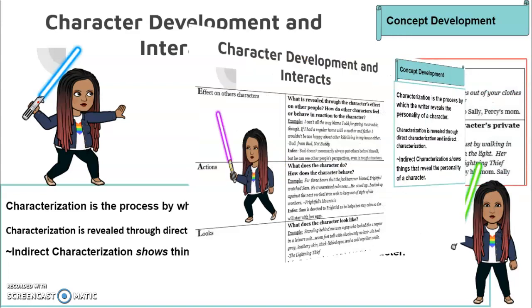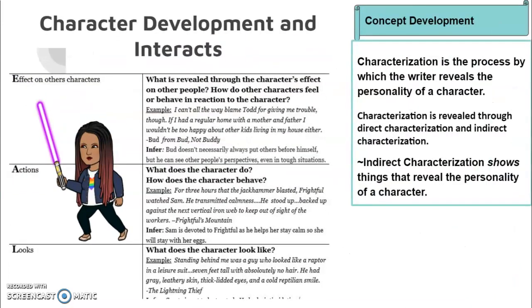All right. So then we look at effects on others. And we have a different story here, Bud, Not Buddy, something that you all read in the sixth grade. The effects on others is basically how the character behaves or reacts to another character and how that character feels.